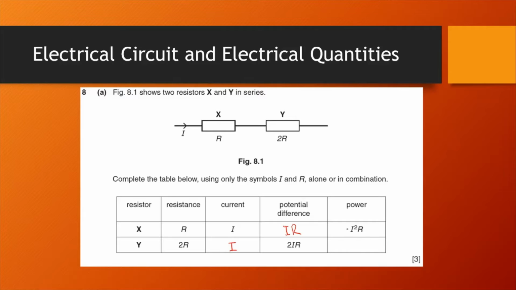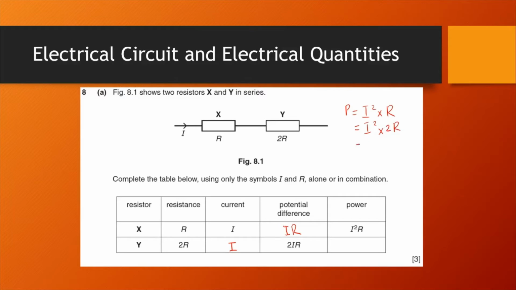Then for the power, power equals I squared times R. The current inside resistor Y is I, so it's still I squared. But the resistance inside resistor Y is 2R, so it has to be multiplied with 2R.